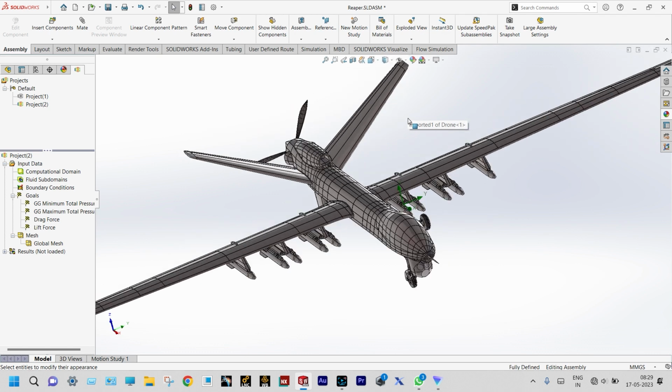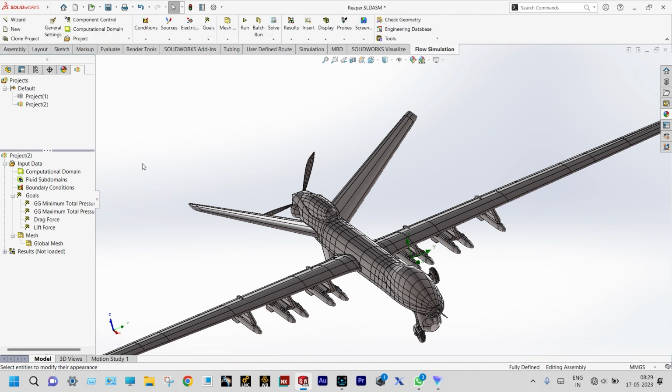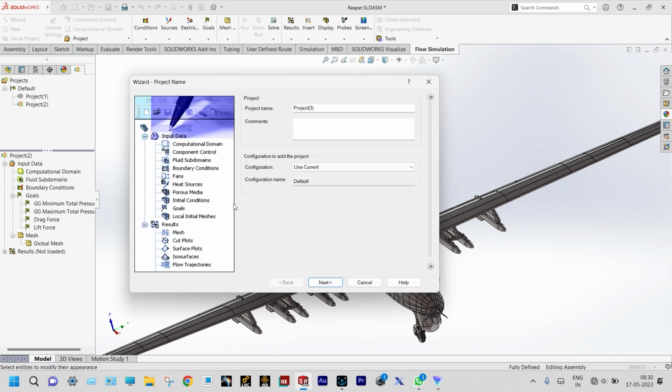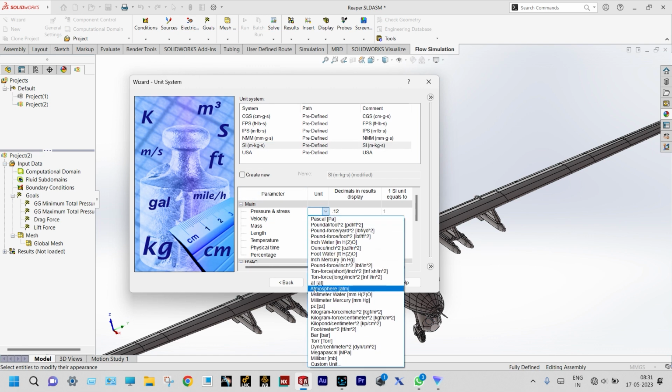Right, first of all, we need to start with the flow simulation here, and the flow simulation environment will be created with the wizard itself. Default name of the project we are keeping as project 3. Next to that, as usual, we're considering the SI system. Pressure we're considering megapascal, as high pressure will be generated, so we're considering megapascal as the pressure unit.